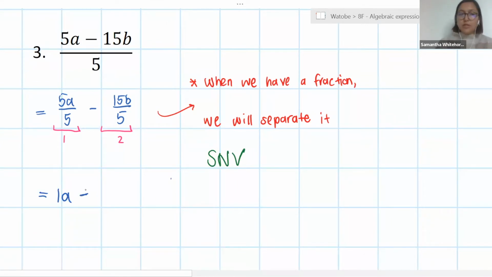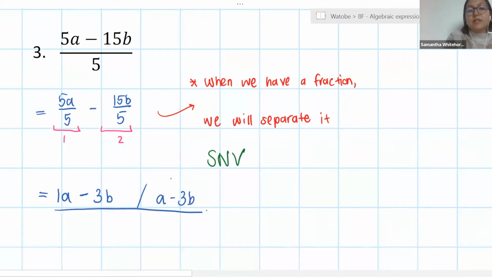We do the numbers, so 15 divided by 5, and I saw some answers there, is 3, and then we have the B. So either you've written this as A minus 3B, or if you keep the 1 in front of the A, 1A minus 3B, that is absolutely fine. It's exactly the same thing. Everyone who is putting down A minus 3B, well done, or 1A minus 3B.